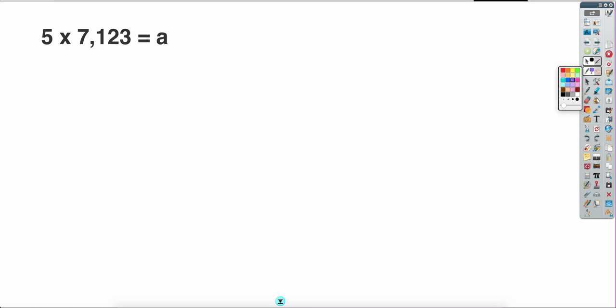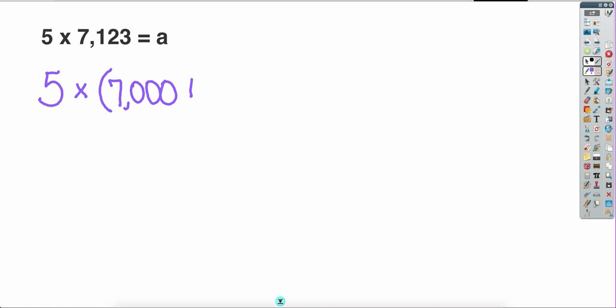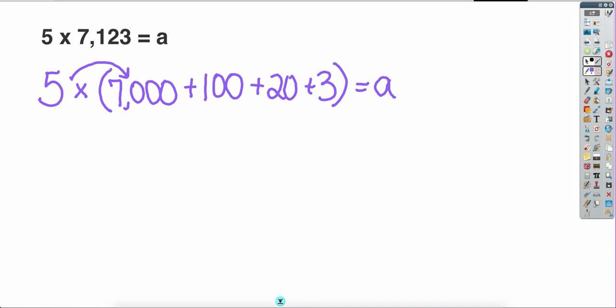So step 1, 5 times, in parentheses, I will put the expanded form of 7,123, which is 7,000 plus 100 plus 20 plus 3, close parentheses, equals A. That's my variable. So now, second step, distribute the 5 to each of the separate values inside the expanded form of 7,123. So I'm going to do 5 times 7,000.